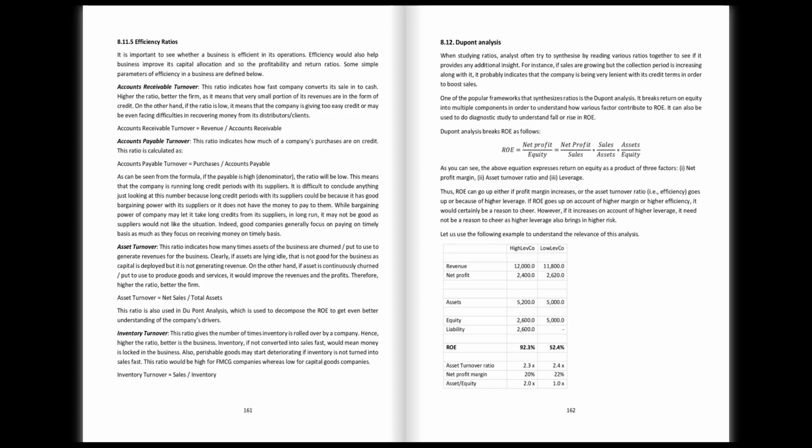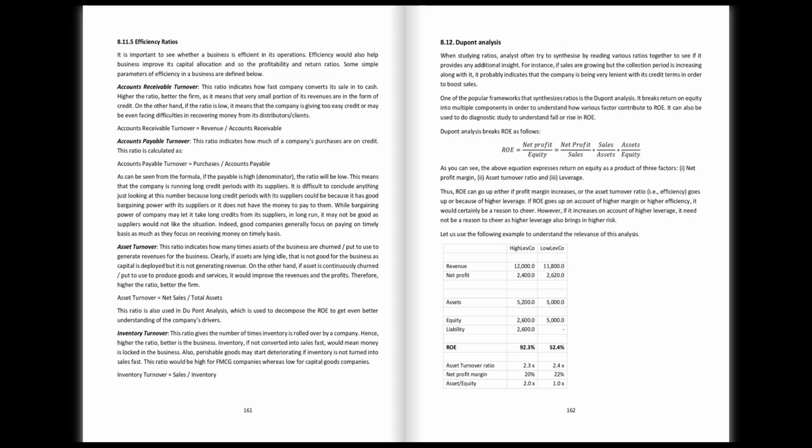Dupont analysis breaks ROE as follows. ROE equals net profit divided by equity, which is also equal to net profit divided by sales multiplied by sales divided by assets multiplied by assets divided by equity. As you can see, the above equation expresses return on equity as a product of three factors: 1. Net profit margin, 2. Asset turnover ratio, and 3. Leverage.